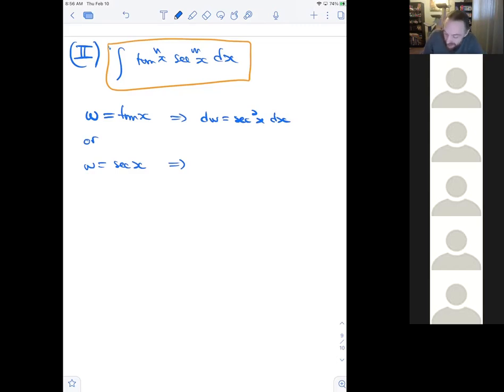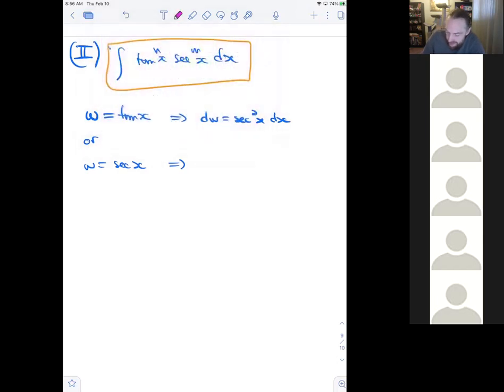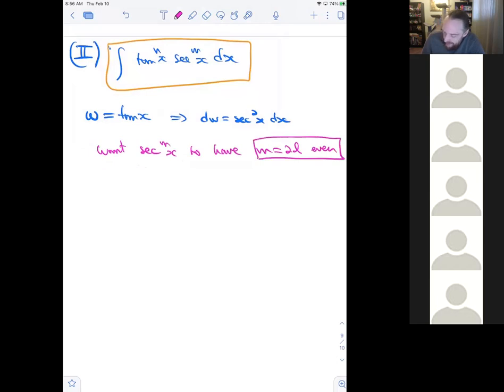So we want secant to be even in this case, because then secant^(2l) x equals secant^(2l minus 2) x times secant squared x.